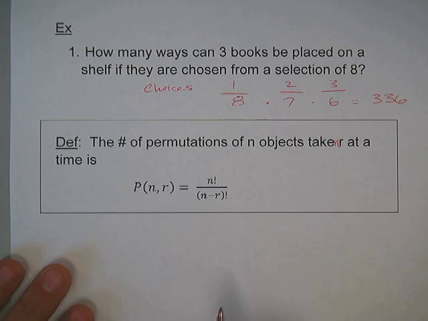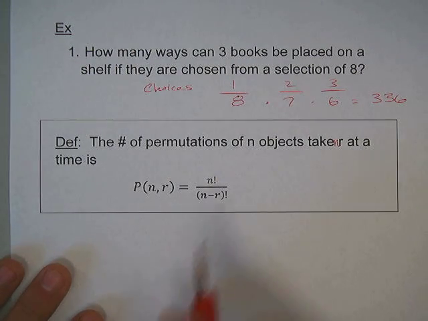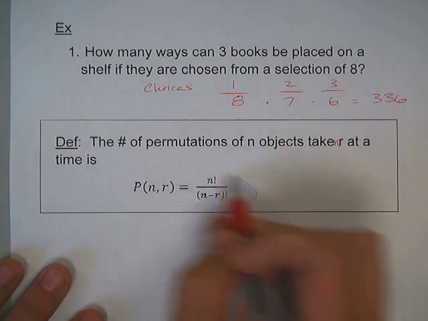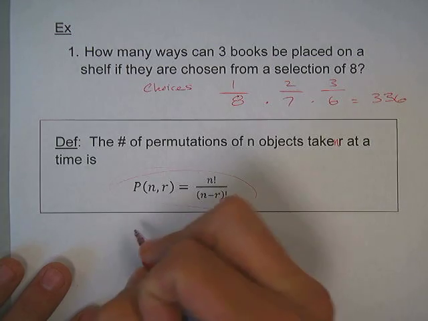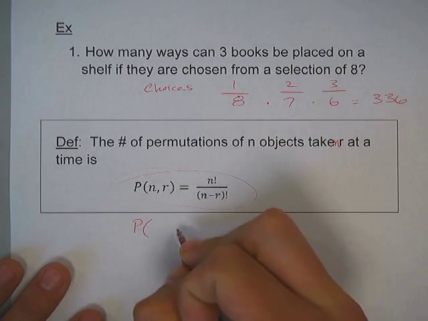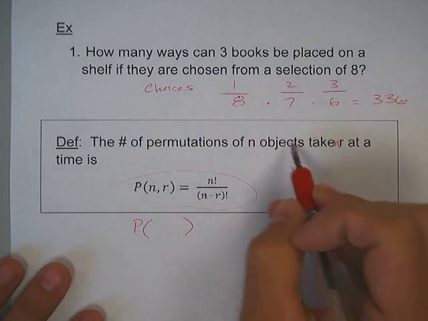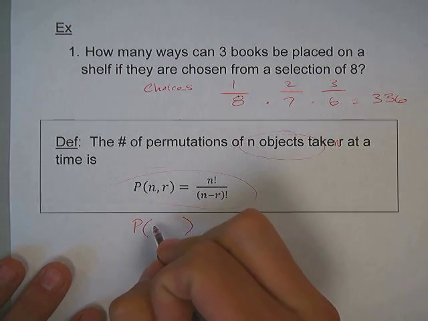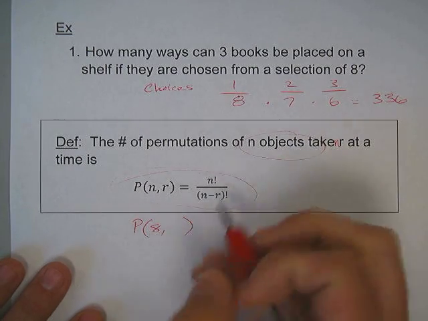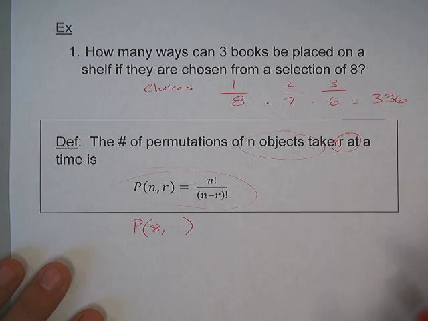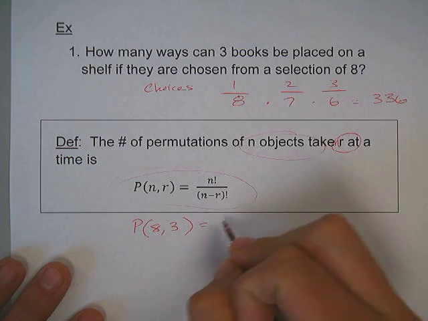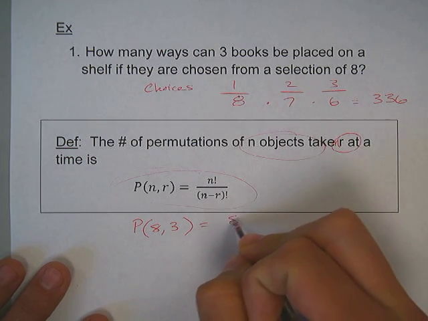Well, let's take a look at this example I just did up here. Up here it says that we have 8 books and we're going to pick 3 from them. So according to this definition, the way you could write it is this. 8 is the number of objects you're choosing from, and r is the number of objects you're actually choosing, so it's 8 choose 3.